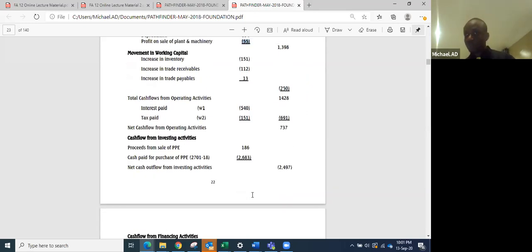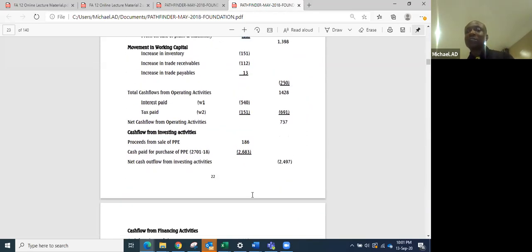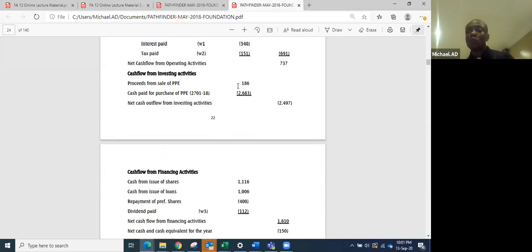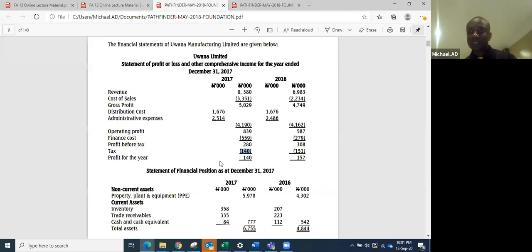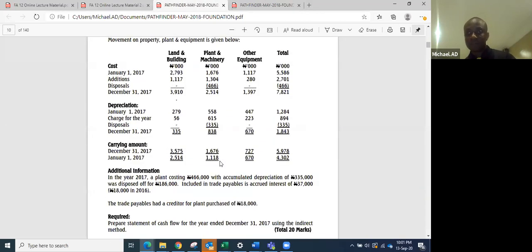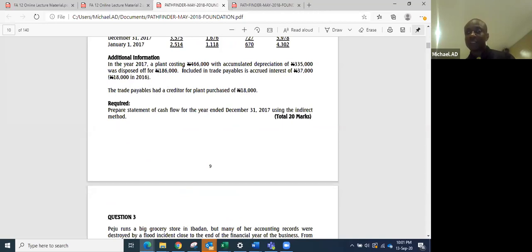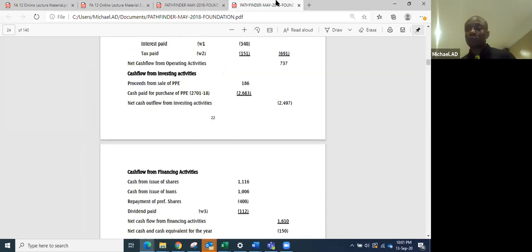I just want it to be at the back of your mind, because the reason why we deducted it is because we are adding the whole amount that we sold, 186. Because we did not just add the cost alone, we are adding it including the profit of 55. That's why we had to remove it from the profit initially. So to bring it down here, 186,000, we are adding it back because it's actually money that comes in. We collected the money.